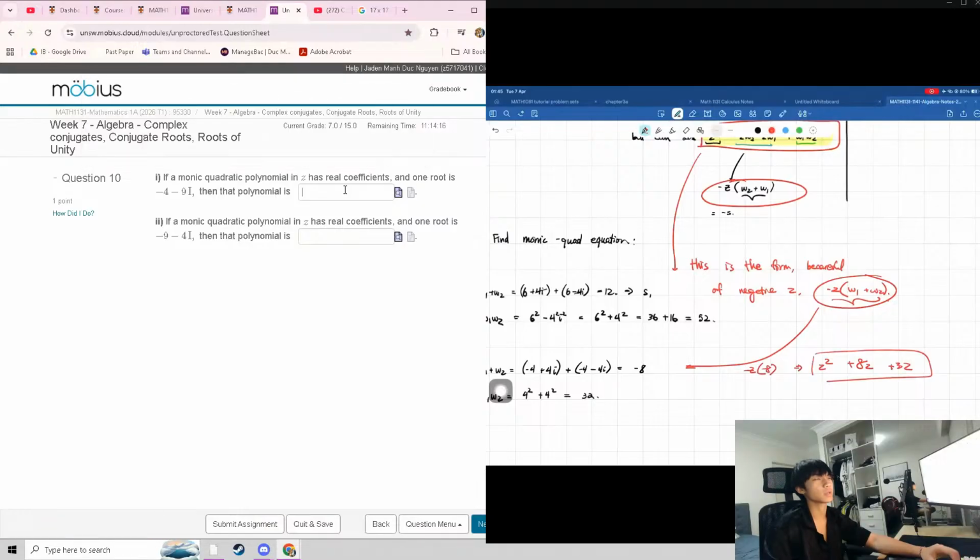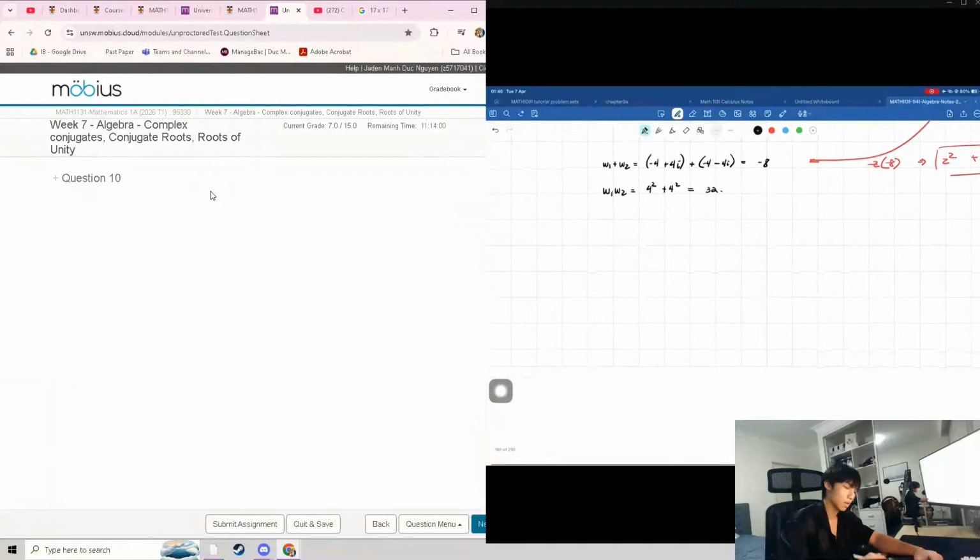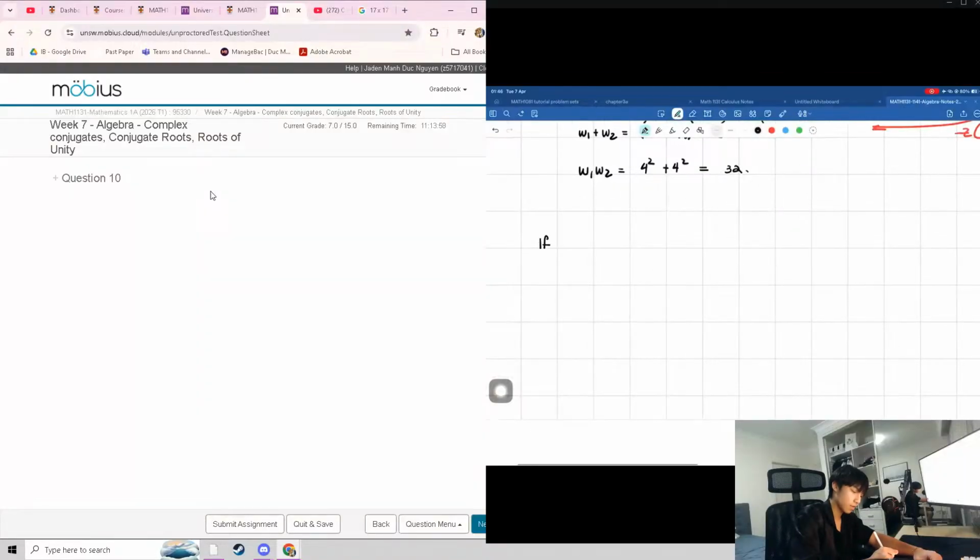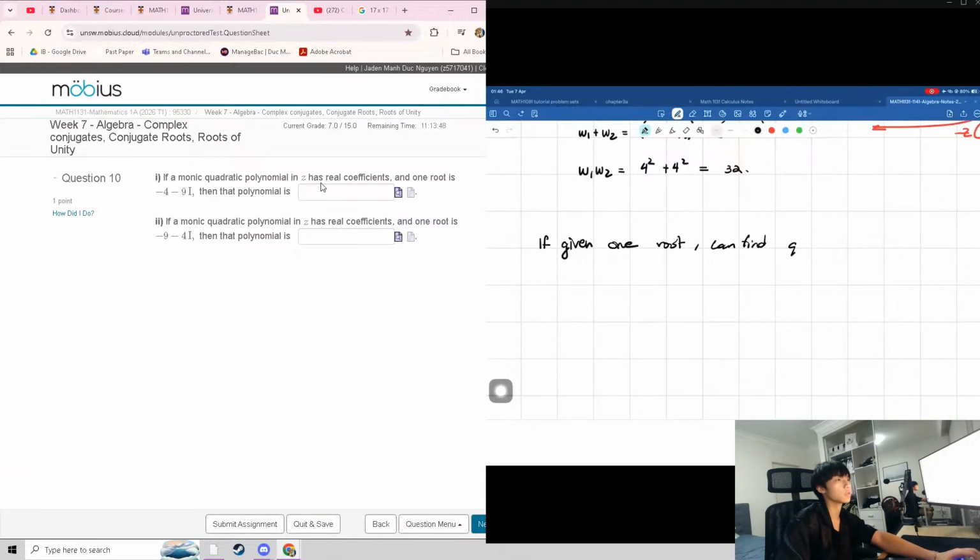Am I supposed to write a... I mean, if you give me one root, if given one root, can I find, could I just write quadratic?